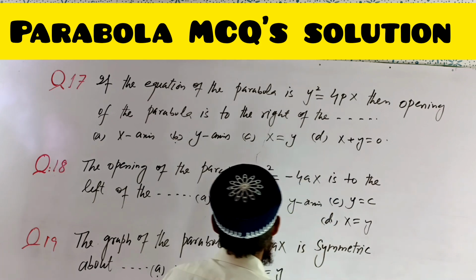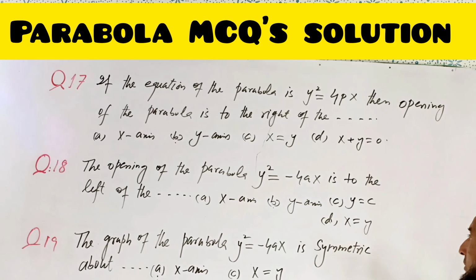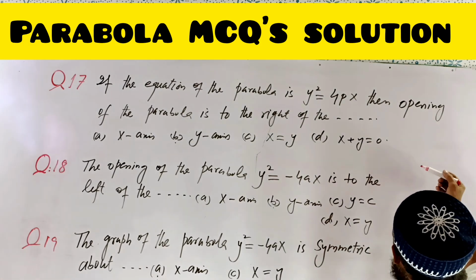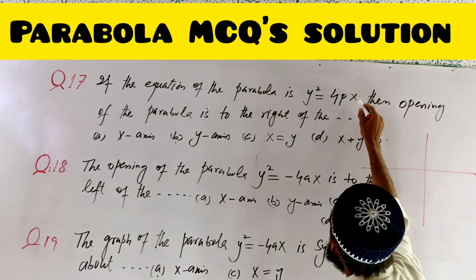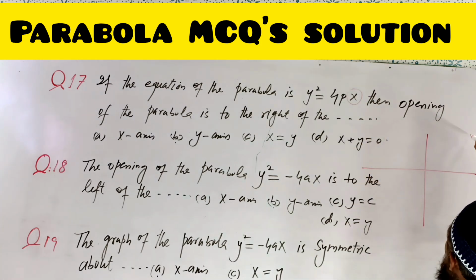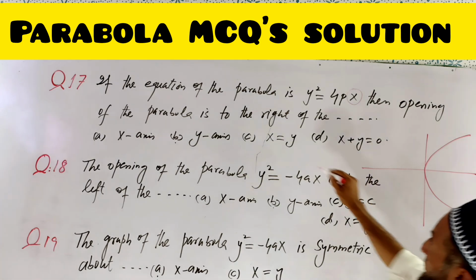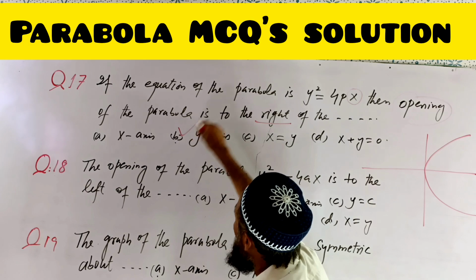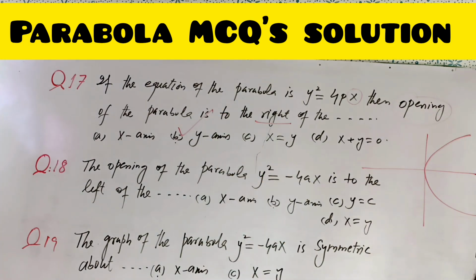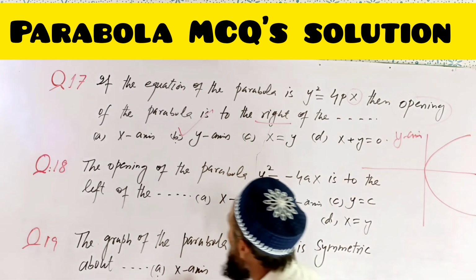So what is the opening of this parabola along the y-axis? Look here, y square 4x along the x-axis: the parabola is making to the right side. So the opening must be along the y-axis. Option B is the correct option.